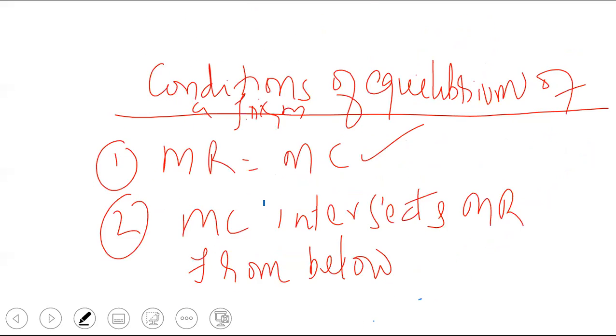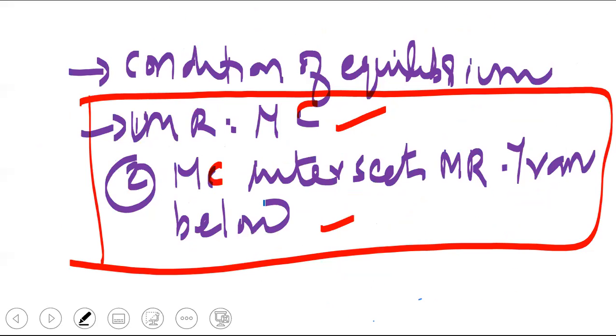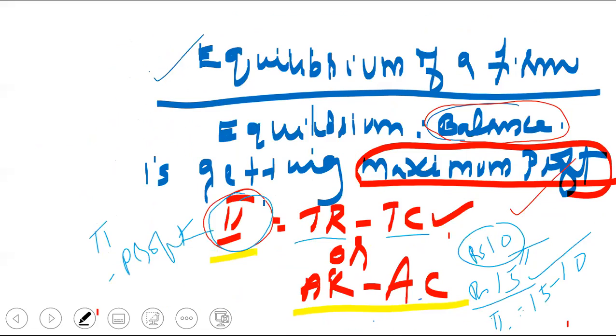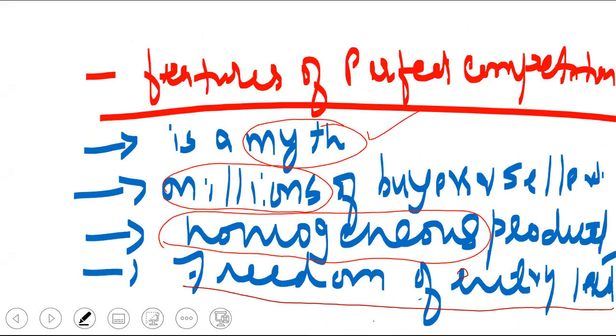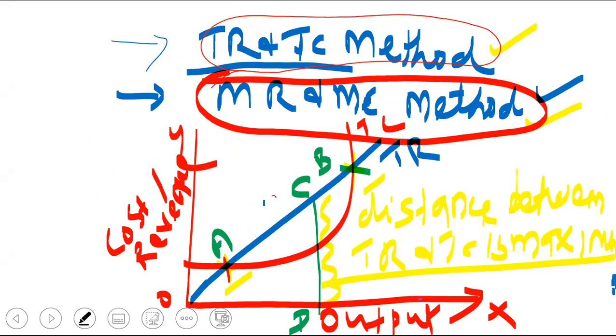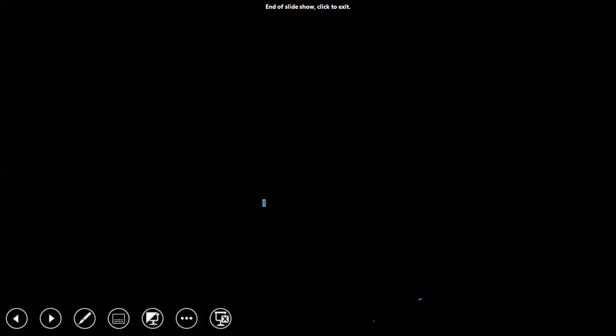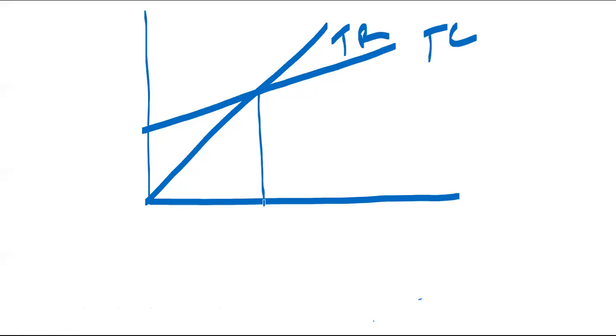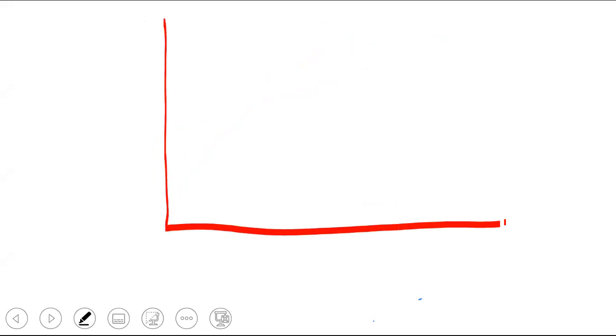One minute. The features of perfect competition are all done. That is what I wanted to draw in the diagram. I want to check the diagram. This is TR.